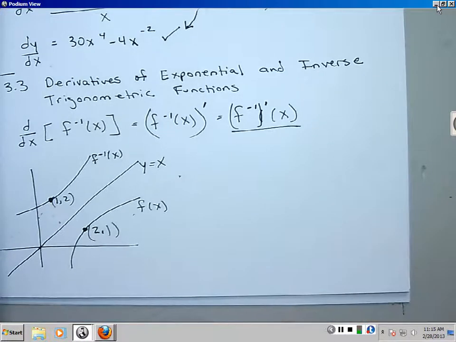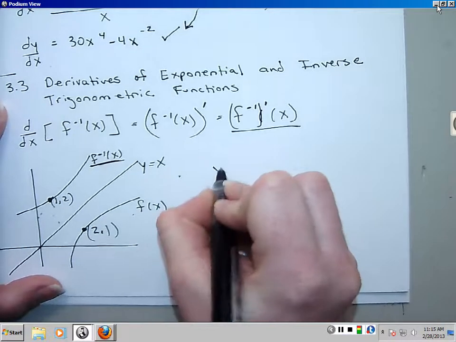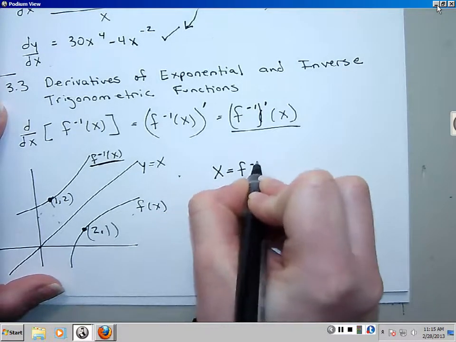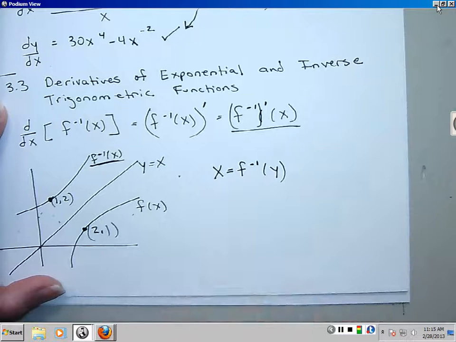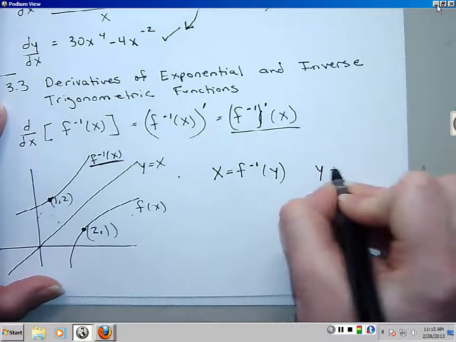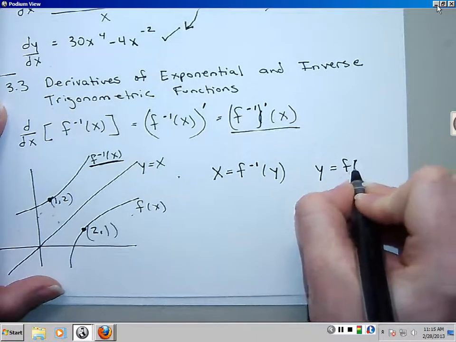So I want to find the derivative of this function, but I have no clue what that function is. So I'm going to name it something. Your book conveniently names it x. I don't know why. So they have, let's say, x equals f inverse of y, and y equals f of x.